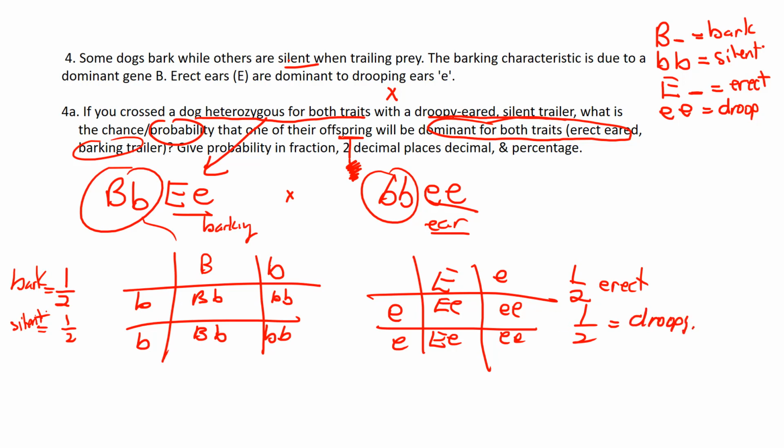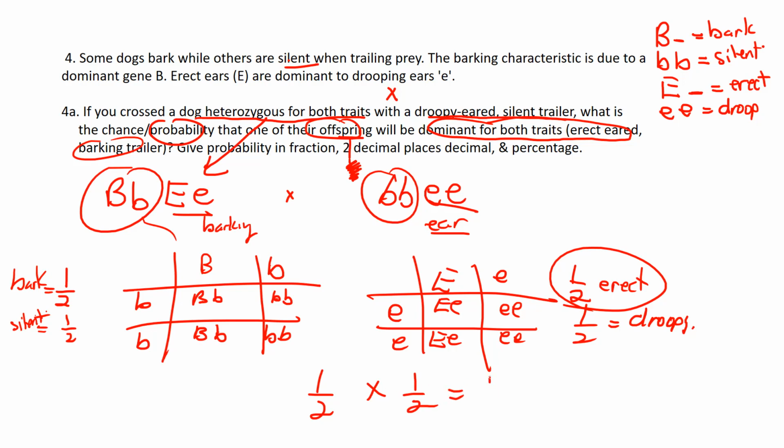Product rule, in this case, it's just an offspring, so we're not going to factor that in, but it being dominant for both traits. So erect, erect was right here, 1/2 chance, and barking. Okay, so barking was also 1/2.